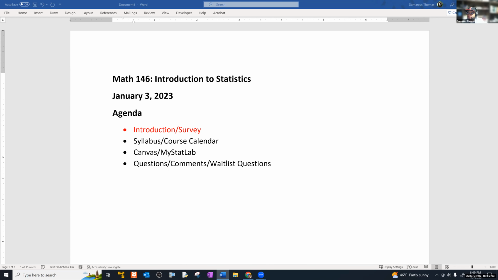Again, another 70%. Interesting. Number three, do you like math? This is a very important question. We don't have good results. 40% no, about 60% not sure. Have you ever had any other math classes at HCC?